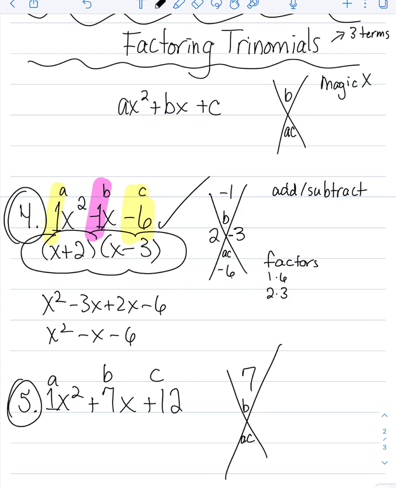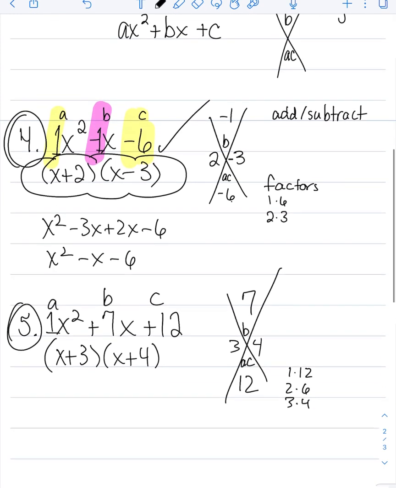So B is 7, magic x has your back. 1 times 12 is 12. So let's find our factors of 12. We have 1 times 12, 2 times 6, 3 times 4. So I noticed that 3 times 4 will give me 12, but also 3 plus 4 will give me 7. So the factors are x plus 3 times x plus 4.